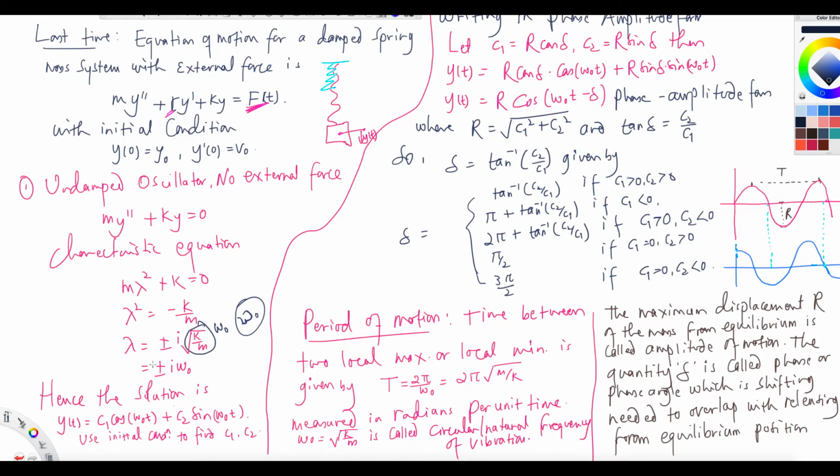By the way, if it was in the format mu plus minus i nu, then you will have e to the mu t times cosine and sine like that, right? That's what we discussed in the last section.